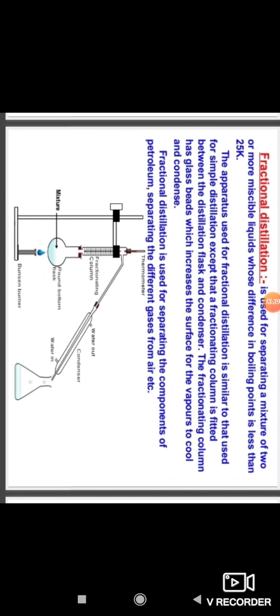And then fractional distillation. This is also very important in your examination. The question arises: draw a neat labelled diagram of fractional distillation.